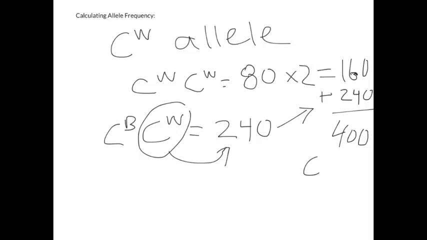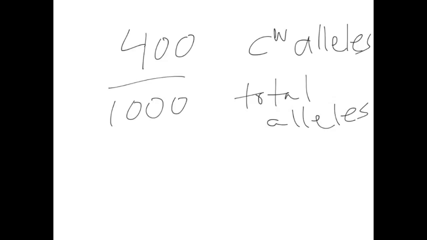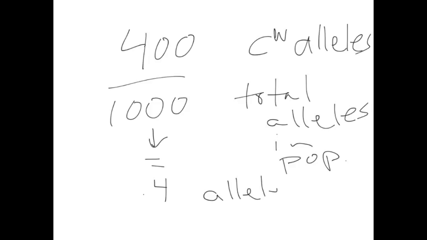This gives us a total of 400 CW alleles in the population. The final step is to divide 400 CW alleles found in the population by the total number of alleles in the population, 1,000. And this gives us an allele frequency of 0.4 for the CW allele in this mouse population.